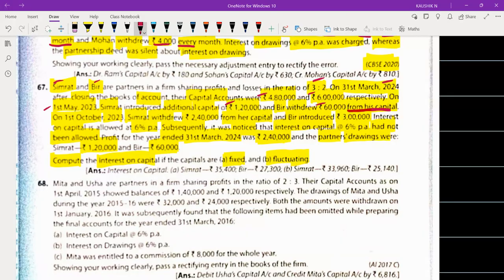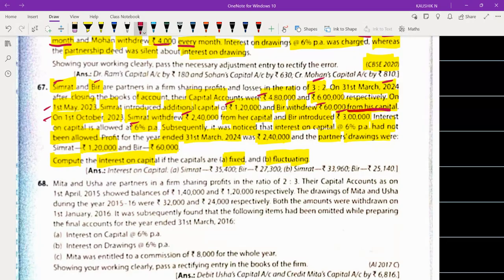And again on 1st of October 23, Simrat has done the withdrawal of rupees 2 lakh 40 from her capital, whereas Bir has introduced rupees 3 lakh as an investment capital value. Interest on the capital is to be allowed at the rate of 6% per annum.